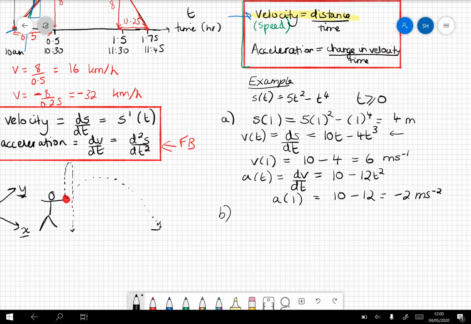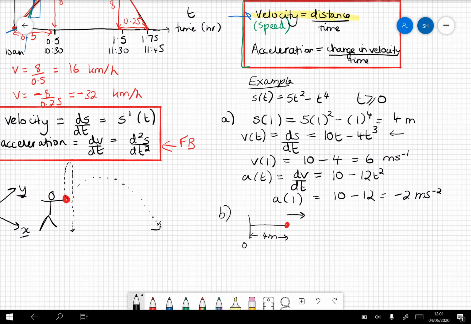And if we think about what this particle is doing, okay, if I was to draw my horizontal line and put the origin here, my particle, let's say, is currently here. And it is 4 meters away from where it started.